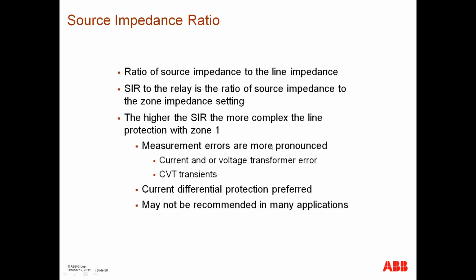Measurement errors are more pronounced: current and voltage transformer error, CCVT transients. Current differential protection is preferred in a lot of high source impedance applications. And for high source impedance, application of impedance relays or distance relays may not be recommended.